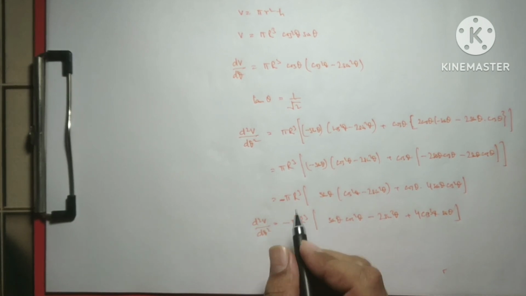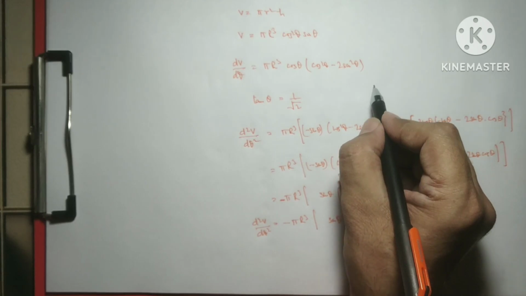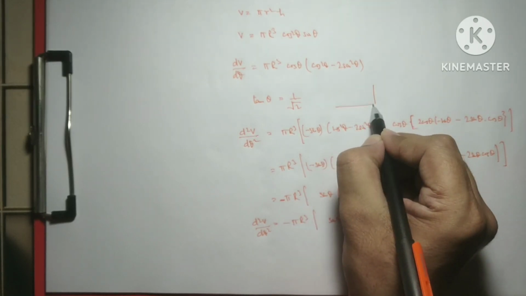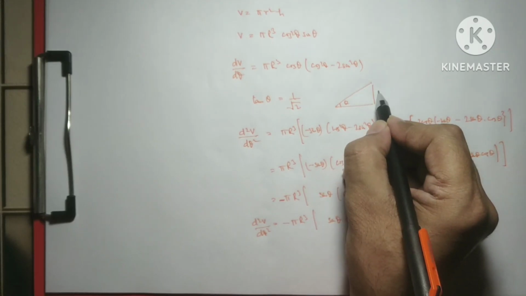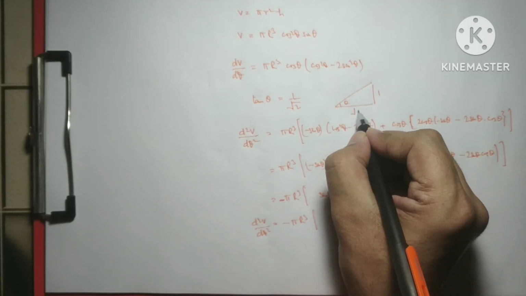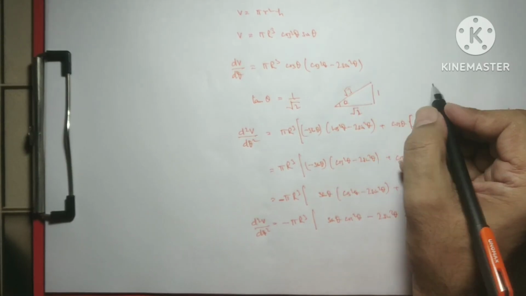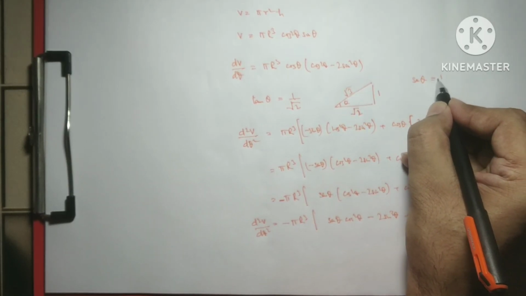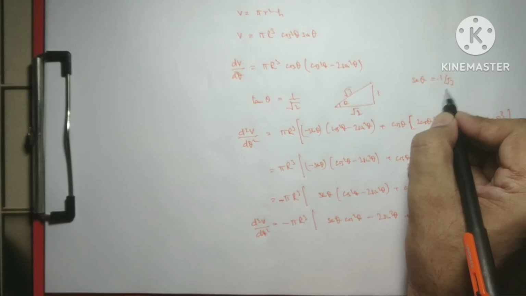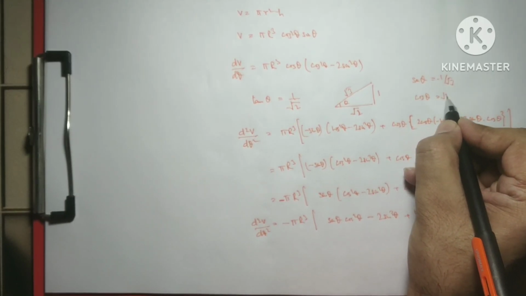So on putting the value, according to this we have tan theta, that is perpendicular over base. So perpendicular is 1 and base is root 2, so the hypotenuse will be root 3. So sin theta is 1 over root 3 and cos theta is root 2 by root 3.